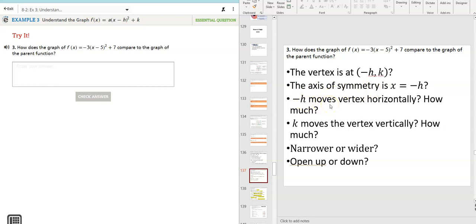How many units is this function going to move horizontally? How much? What direction? How much is this going to move vertically? In what direction? Will this be narrower or wider than the parent function? And will it open up or down?